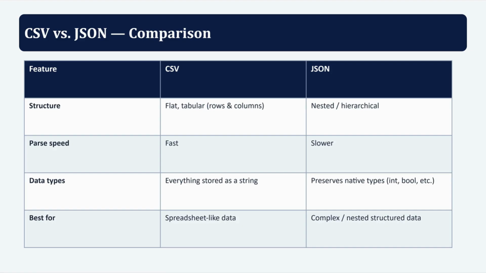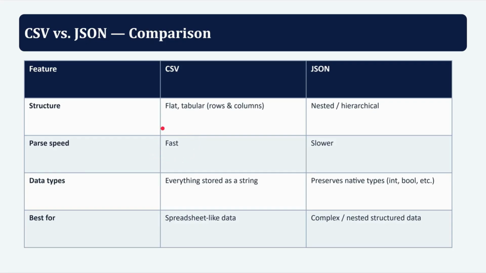Here's a comparison between CSV files and JSON files. JSON files are nested and hierarchical, but CSV files are flat and tabular. It's basically like a data table.